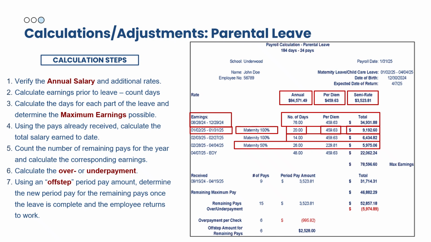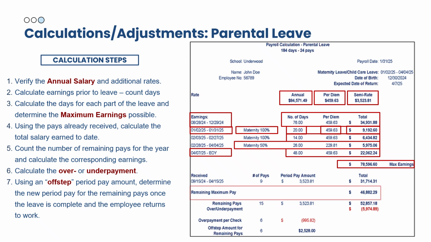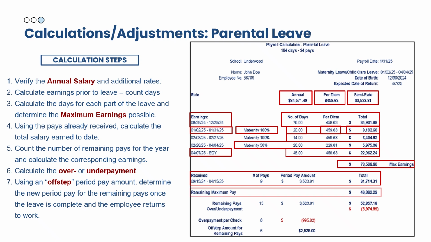Finally, we determine the remaining number of days in the year after you return from your leave and calculate your earnings during this period. The total of these calculations provides us with your maximum earnings during the year. We then follow the same exercise of determining the pay you already received and your remaining maximum pay.